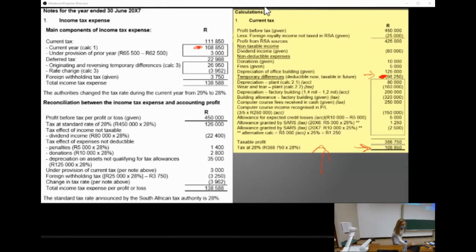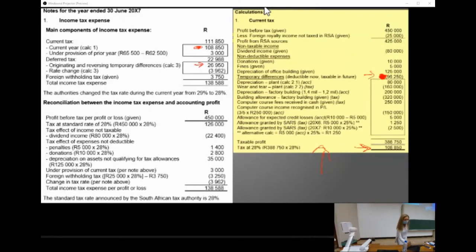Here we have the originating and reversing of temporary differences. Note that when you take this 96250 of temporary differences in my deferred tax calc and multiply it by 28%, what amount do you get? 26950. Am I right?